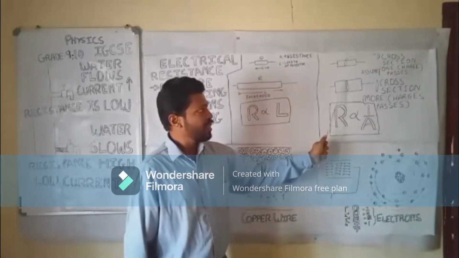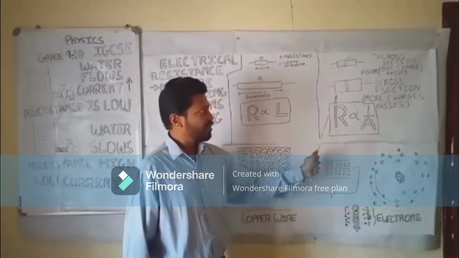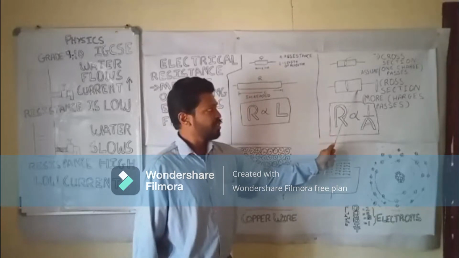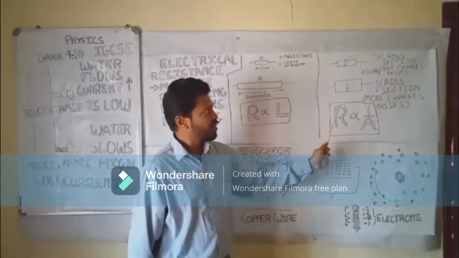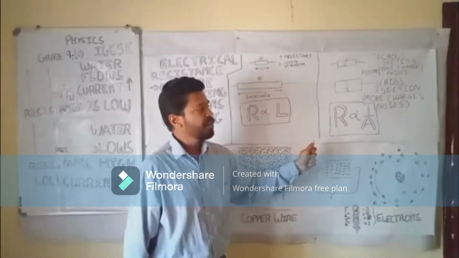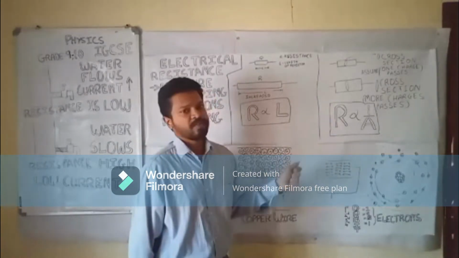If the cross section area increases, suppose this big resistor is taken and you cut it into two halves, compared to this cross section area, this cross section area is more, right? What happens is that more charges will pass through this cross section area.